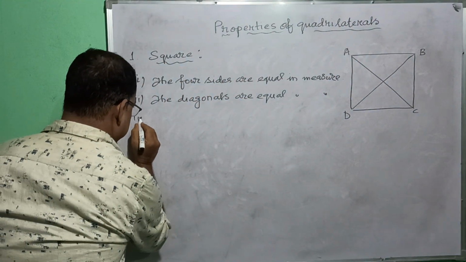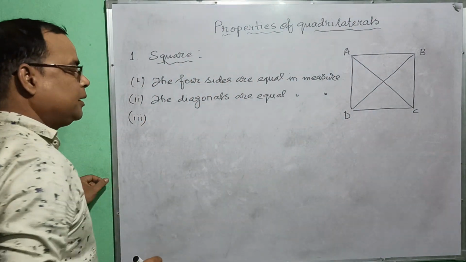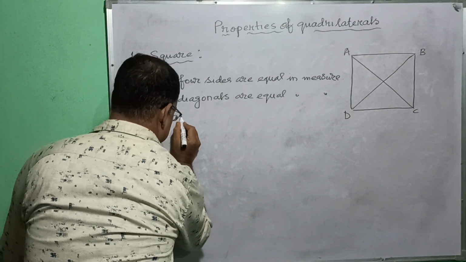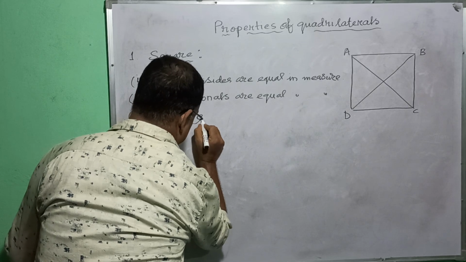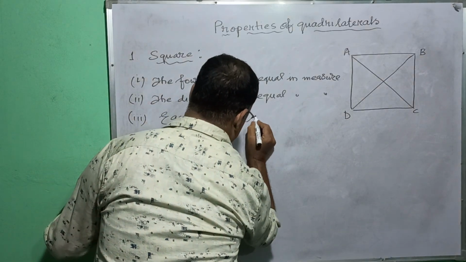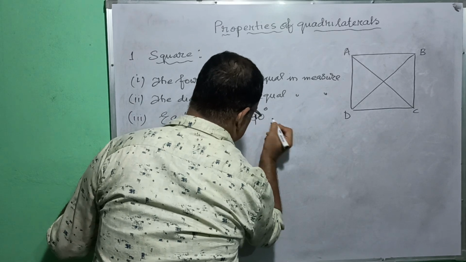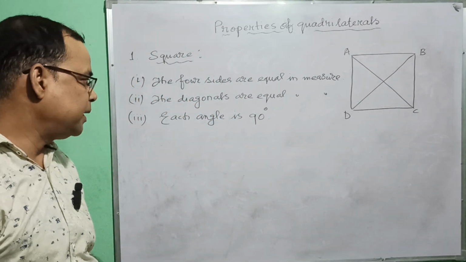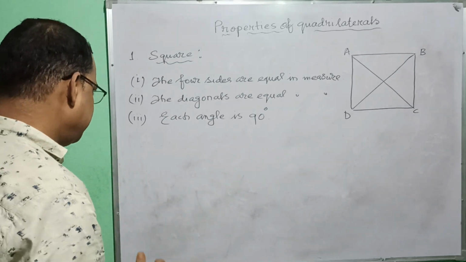Then number three, we can write each angle is 90 degrees. It means all the four angles are equal in measure and it is 90 degrees.